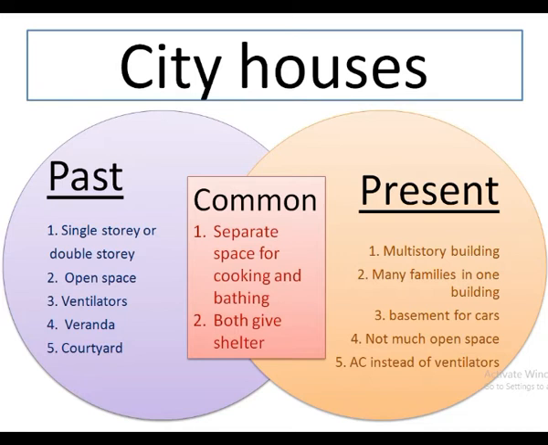But now in present, there are more multi-story buildings and the families are living in the same building in their separated flats. We don't have an open space, but we have a space for parking our cars below the ground that we call the basement parking. Yes, we have ACs instead of ventilators. Is it clear?